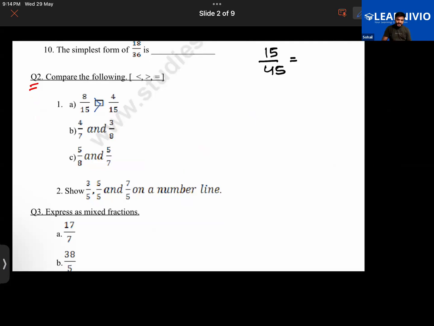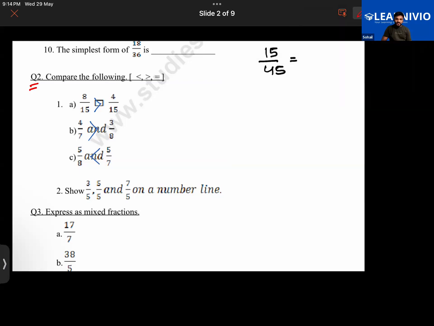Very good. Next. 4/7 is greater. Next. Which one? 4/7. Very good. Next. 5 upon 7 is greater. Very good.